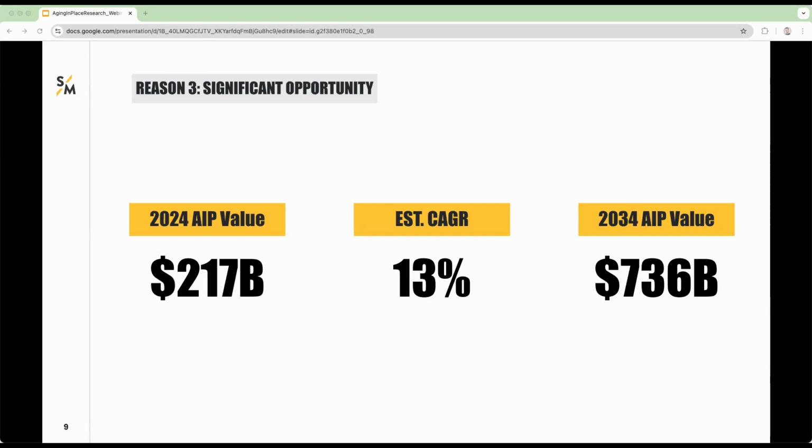Now, I want to contrast that real fast with the total home renovation and remodel market, which is estimated by Grandview Research to be worth over $500 billion today, but is only growing at a rate of about 4% a year. Of course, the aging in place market includes more than just home renovation. There's durable medical equipment, there's banking needs, and others who are servicing that space.